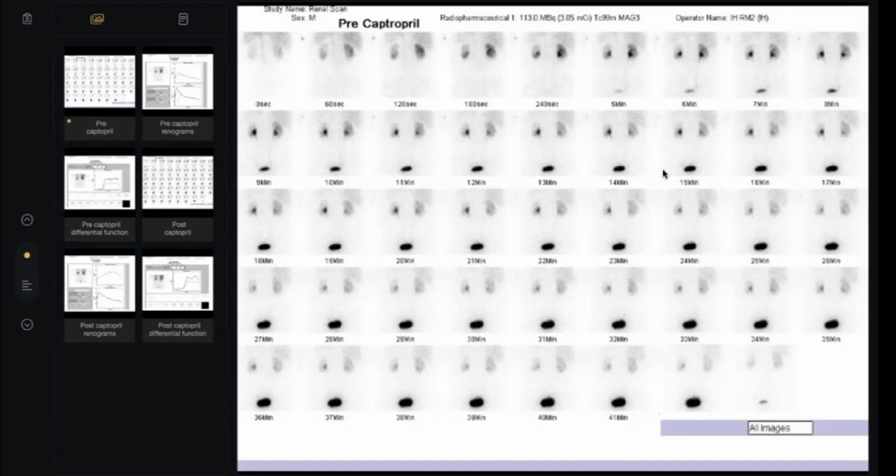Doctor, another question. Can MAG3 measure the split renal function or not? Yes, you can measure the split renal function. Excellent. Can MAG3 measure glomerular filtration rate? No, because it is excreted by the tubule, the distal tubule.